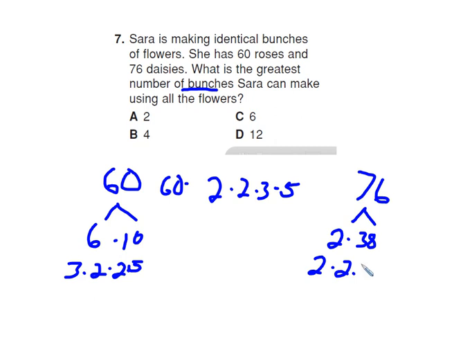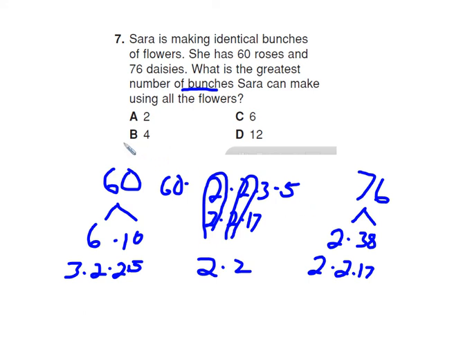And there we go. 2 times 2 times 17. So we have a set of 2's, another set of 2's. The answer is 4. So we can have bunches of 4 with the same proportion of roses to daisies using all the flowers.